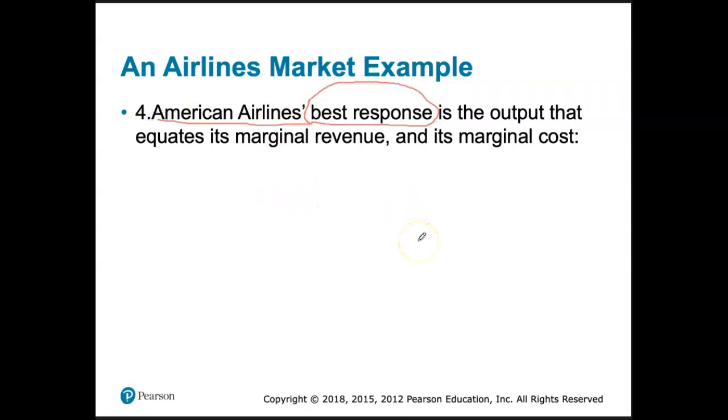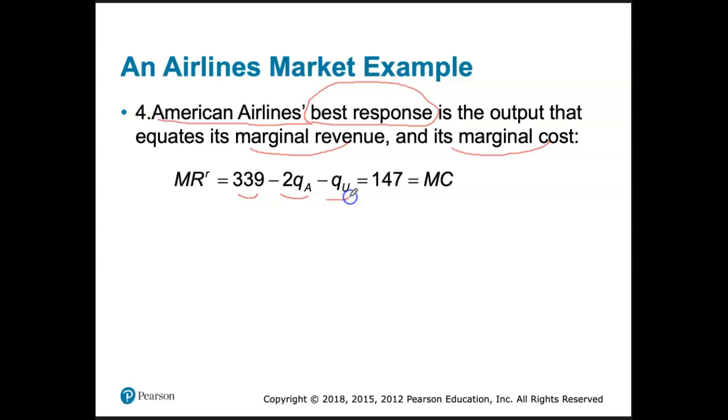Okay, so the best thing American Airlines can do is maximize its profit. And this is the output that equates marginal revenue and marginal cost. So we've been able to find the residual marginal revenue for American Airlines. We have 339 minus 2QA minus QU equals 147. Remember, 147 is basically the marginal cost that American Airlines faces.